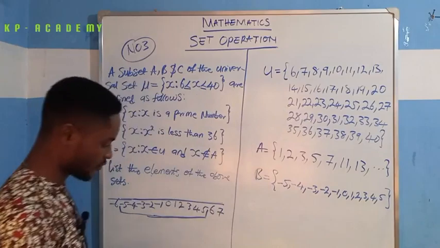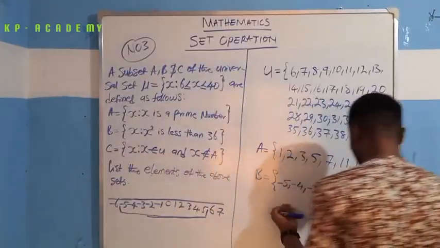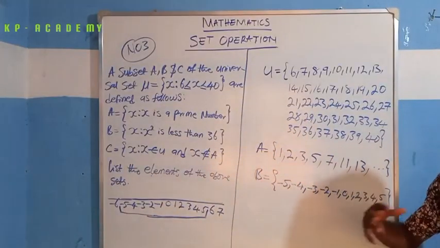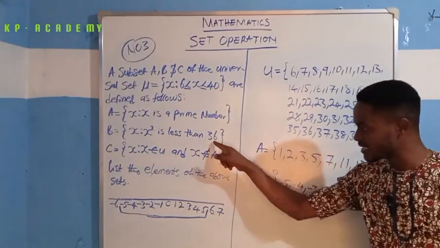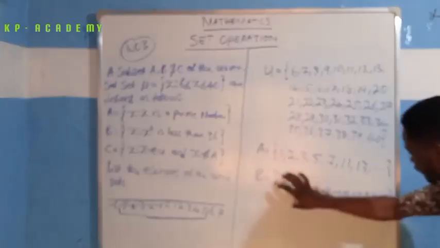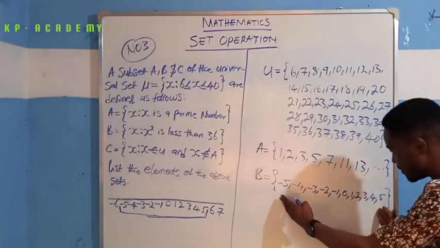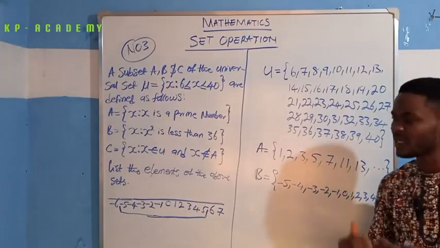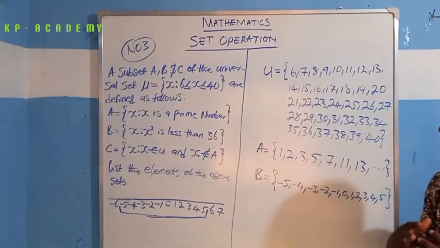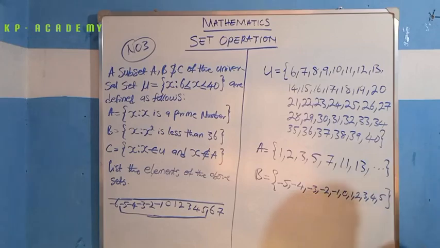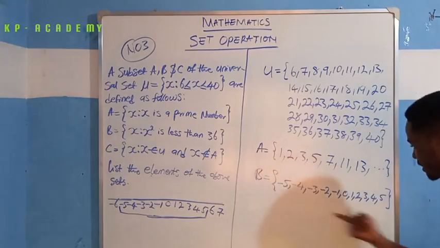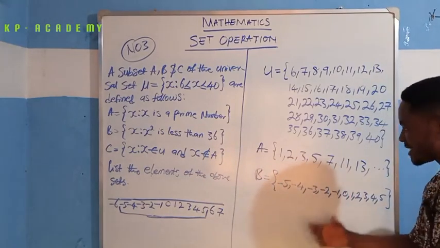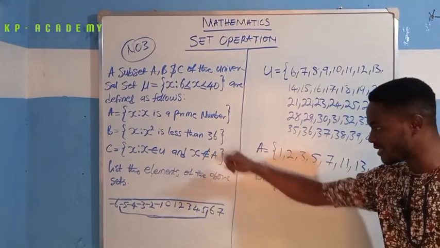Okay, so these are the set of numbers. So it is only this set of numbers that when you square it, its outcome will be less than 36. Any other number apart from these numbers inside this set B, if you square it, it will give you either greater than or equal to 36. But it is only these numbers whose square gives you a number less than 36.